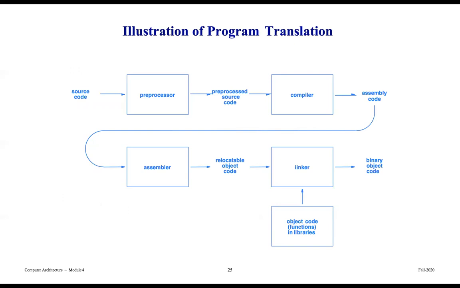And here's an illustration of what program translation would look like. You have the source code, whatever language you're going to be considering, whether it be C or C++, or it could be assembly language when we're getting a little bit lower. You have the preprocessor to see if there are any errors, anything missing that might make this not work properly.